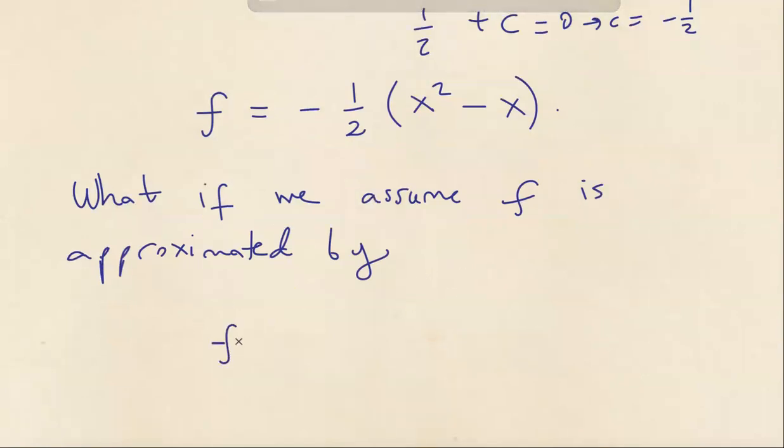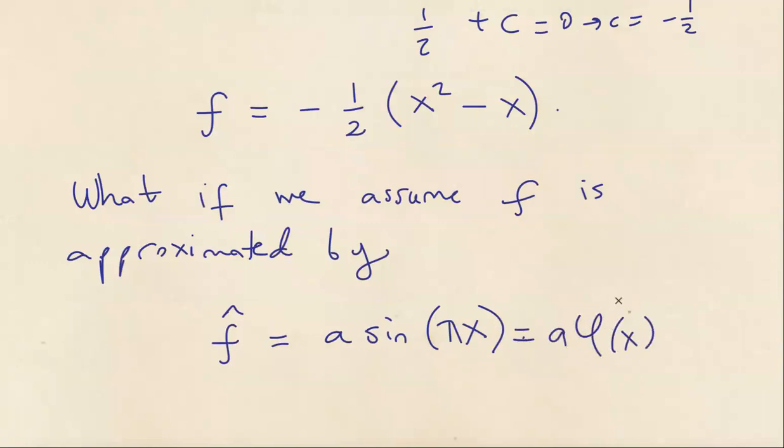Let's say f hat is the approximate f, and its form is a times sine of pi x. We usually call this the approximation function. So this is like a shape function or approximation function, and a coefficient a, which I don't know.